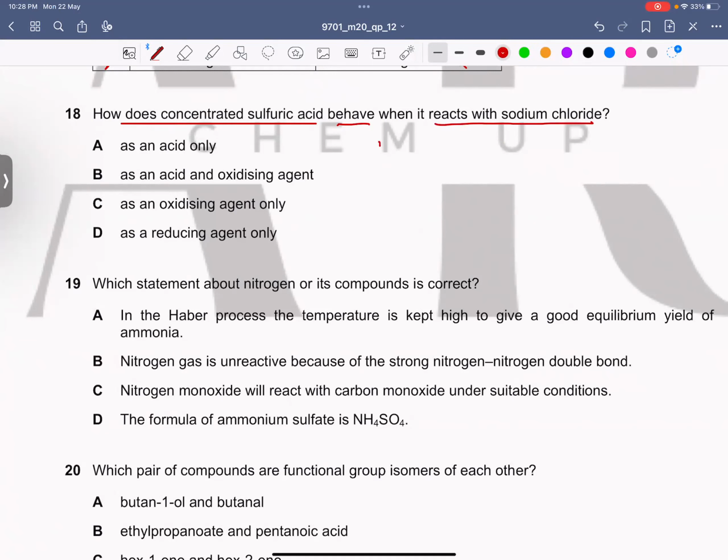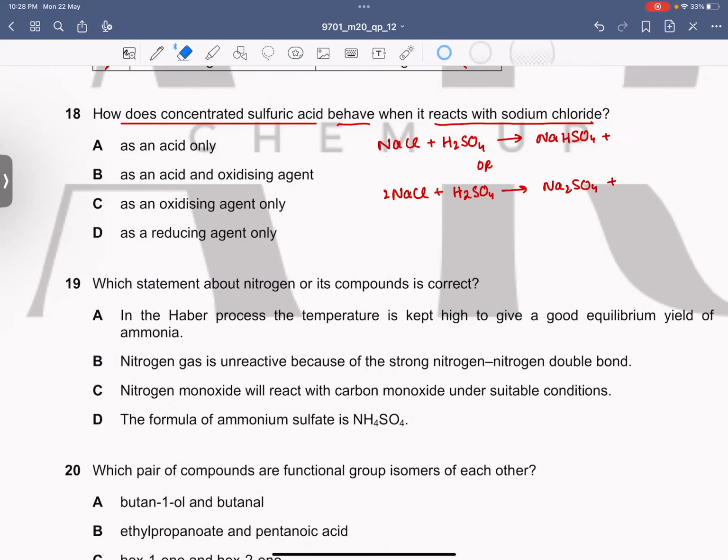So if you recall this reaction, when sodium chloride and sulfuric acid react, you will either get sodium hydrogen sulfate and HCl, or if there is excess of sodium chloride with sulfuric acid, you would get sodium sulfate and HCl. So HCl in both the cases.